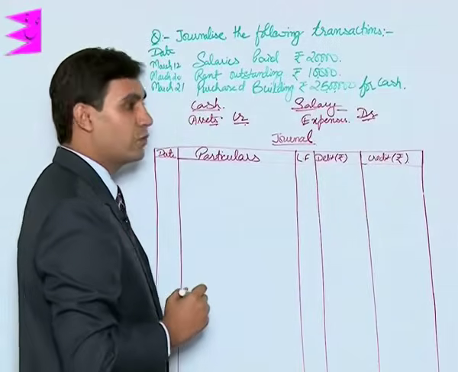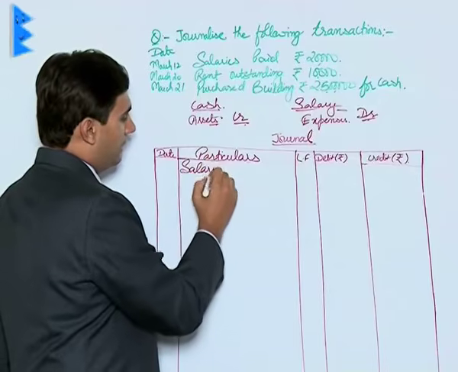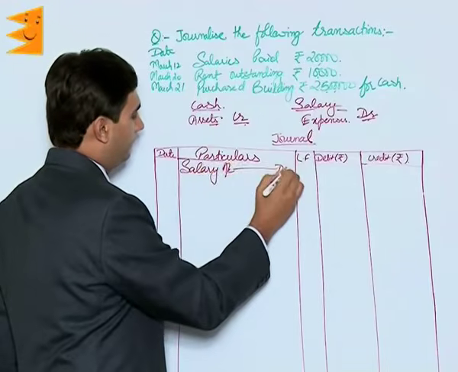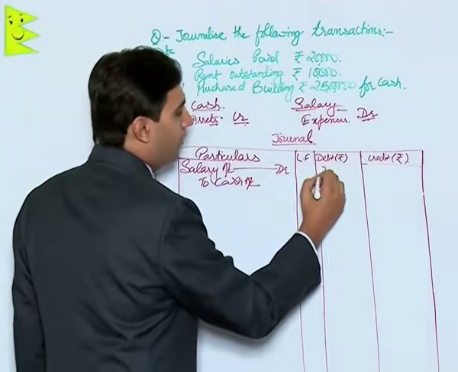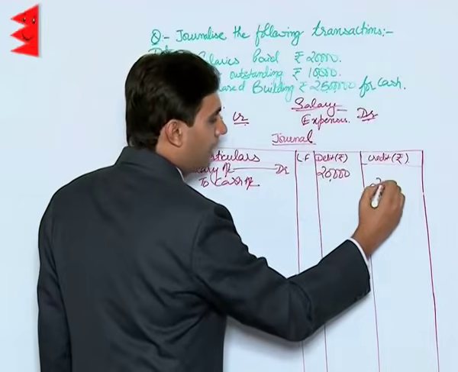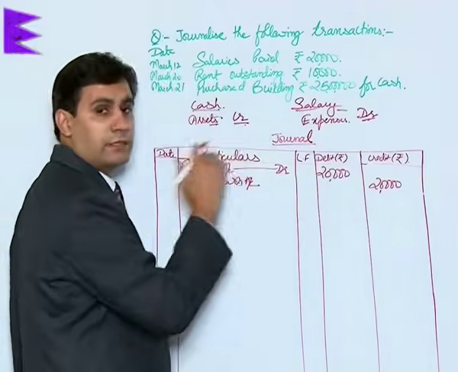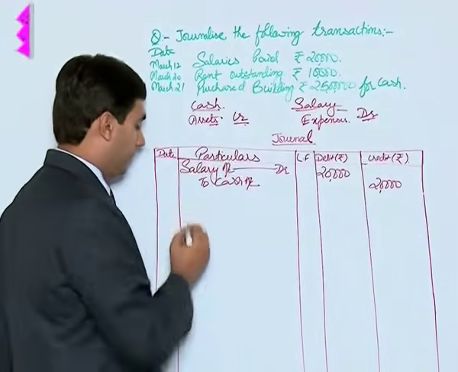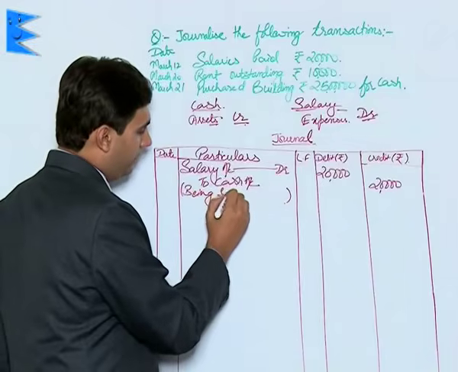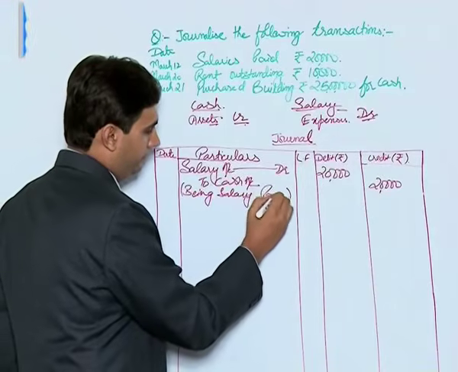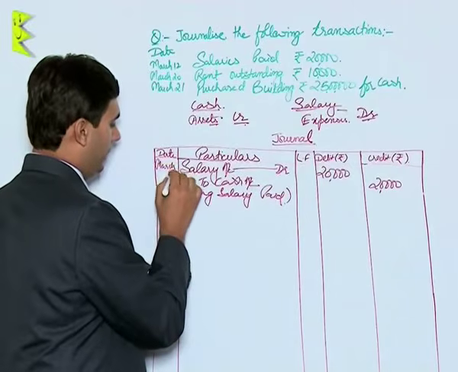So salary account should be debited. So the entry would appear as salary account debited to cash account 20,000 rupees, 20,000 here. Everything else remains same. Only thing is that the rules will be applied in a different manner. Narration being salary paid. And do mention the date as well, March 12th.